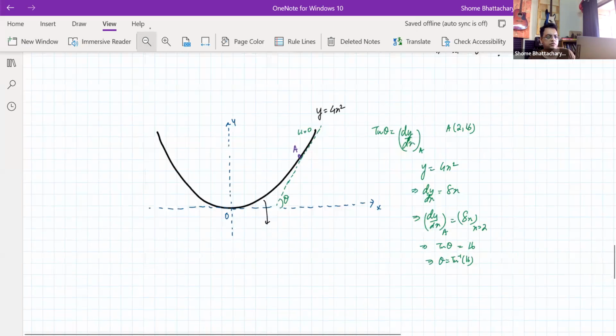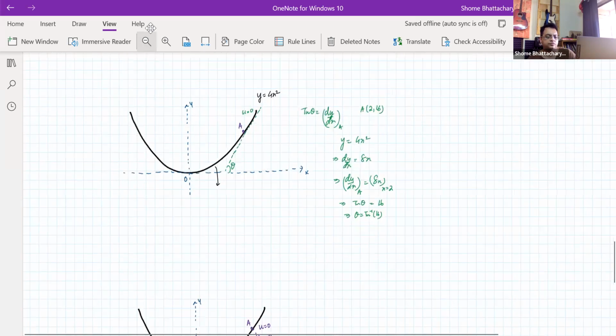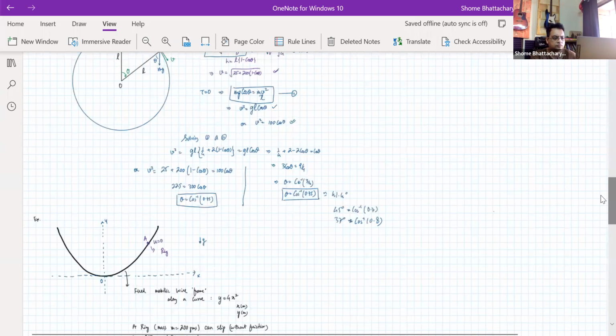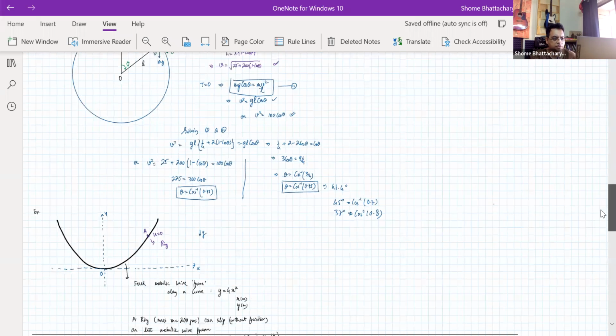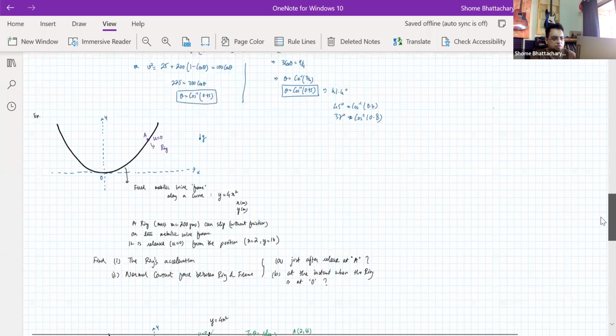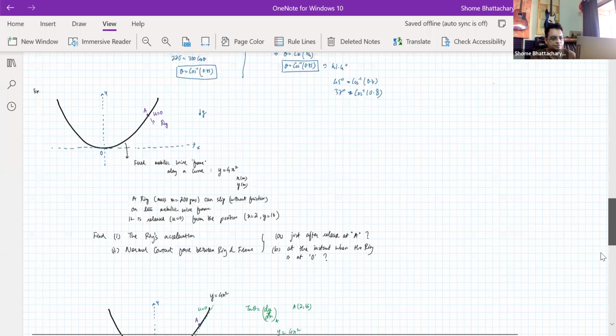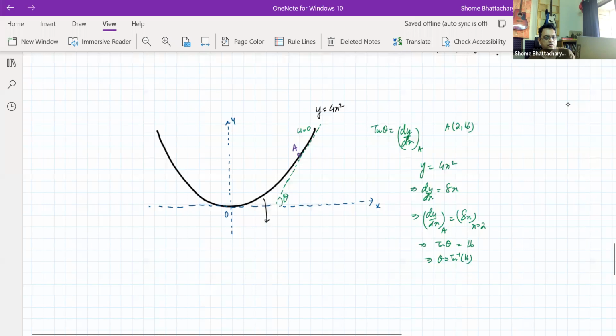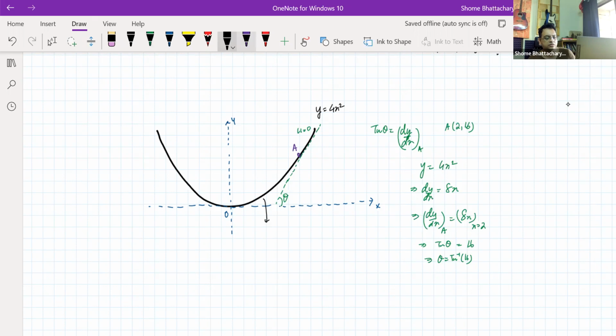Let's check. Yes, y is equal to 4x squared and E was the point. Technically, we won't really need to find theta, because from this value we can find cos theta and sin theta.